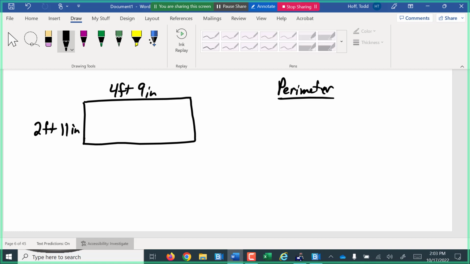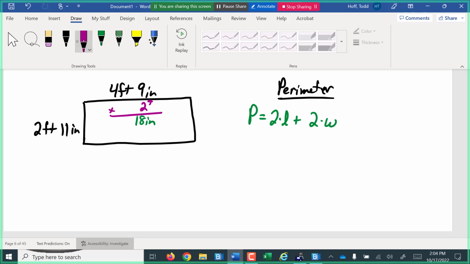Well, for the formula for perimeter, I could just add up the sides, or it could be 2 times the length plus 2 times the width. So let's do it that way, doing 2 times each. So let's do the 4 feet 9 inches times 2. What does that give us? Well, 2 times 9 inches is how many inches? 18 inches, right? 2 times 9 is 18.